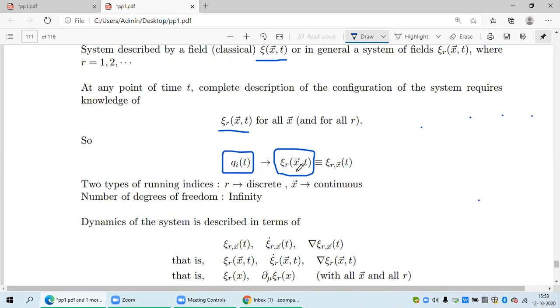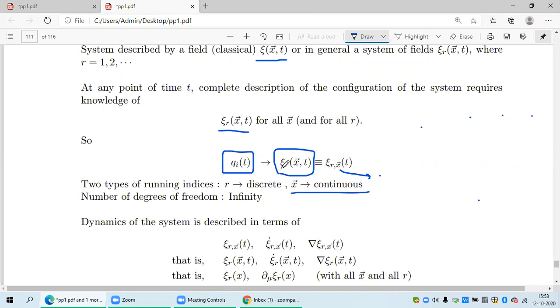For every value of x, this quantity is a generalized coordinate. So there are infinite generalized coordinates. Here you think of i as a variable running from 1 to n, but think of x as a variable running from 1 to infinity in a continuous way. x is a continuous variable. It's slightly different. So x is continuous.